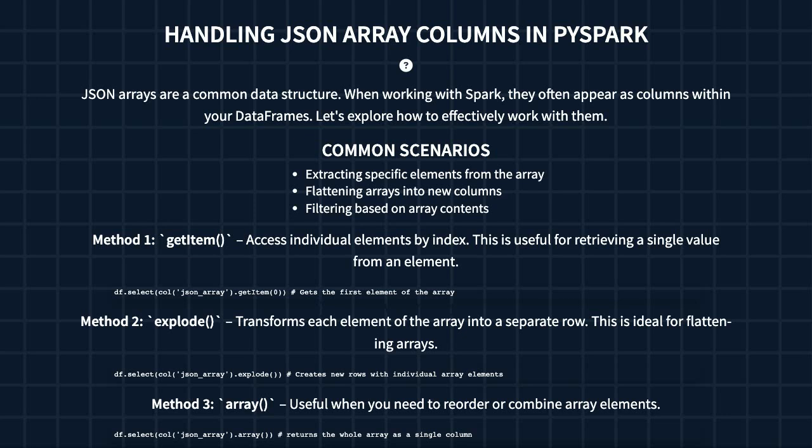Then, if you want to really spread out all those individual items into separate rows, explode is your friend. It turns each element in the array into its own row. Finally, the array function allows you to reorder or combine the elements within an existing array column. Just keep in mind that exploding large arrays can impact performance, so think about whether it's really necessary.